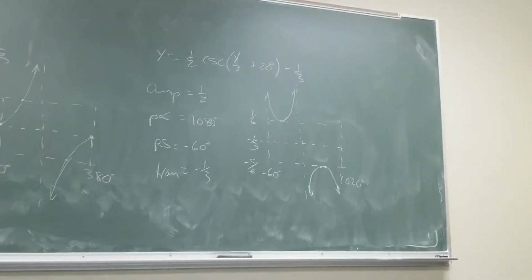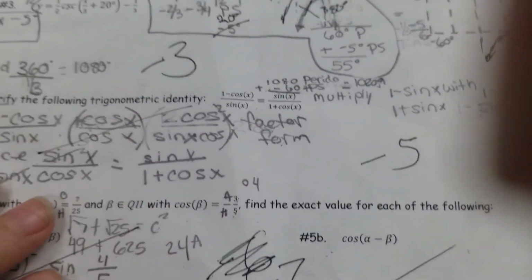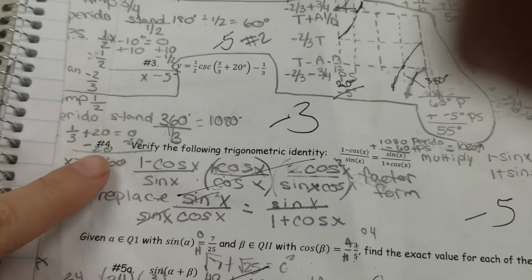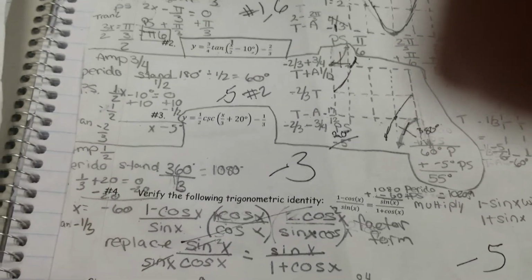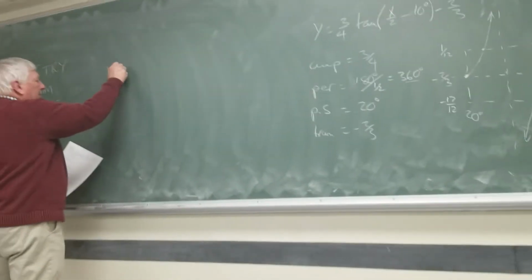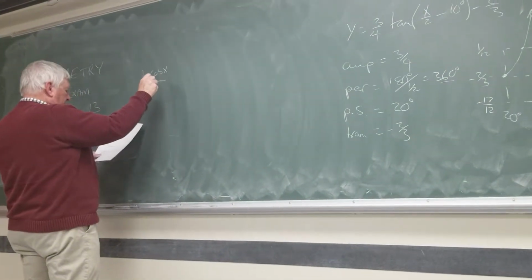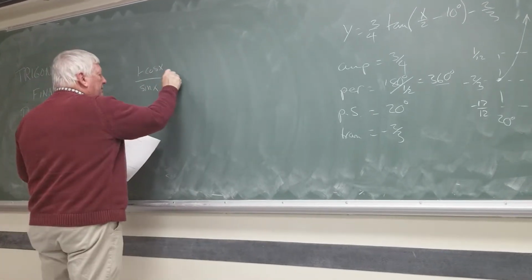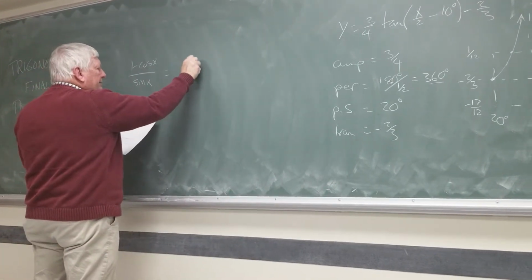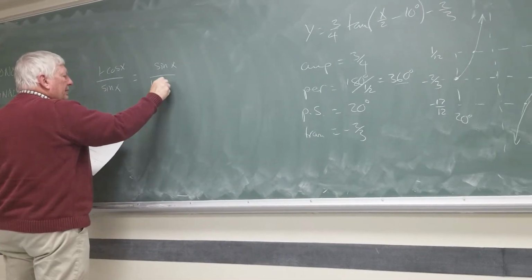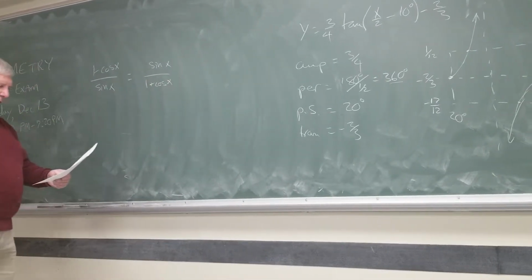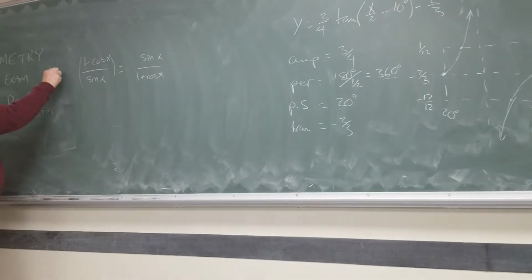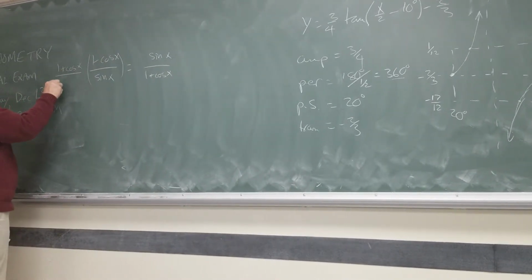Verify the following identity. 1 minus cosine x over sine x, and the claim is equal to sine x over 1 plus cosine x, I think is the claim. I choose to multiply this side by 1 plus cosine x over 1 plus cosine x.